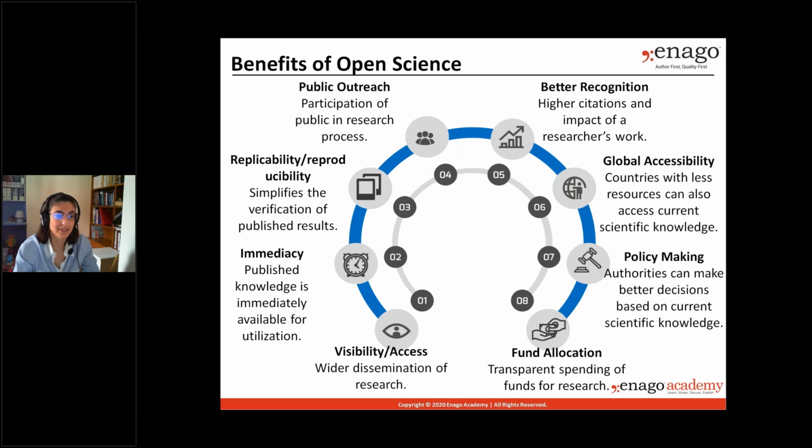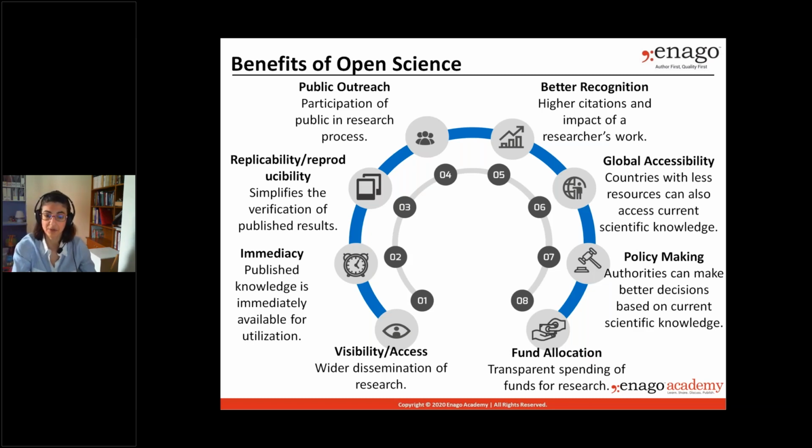Replicability and reproducibility because it simplifies the verification of published results. An easy and immediate way for public outreach and for making it realistic and easy for the public to participate, to understand, to follow advances in science. Better recognition because you have higher citation and impact of a researcher's work. Global accessibility because countries with less resources can also now have access to current scientific knowledge.